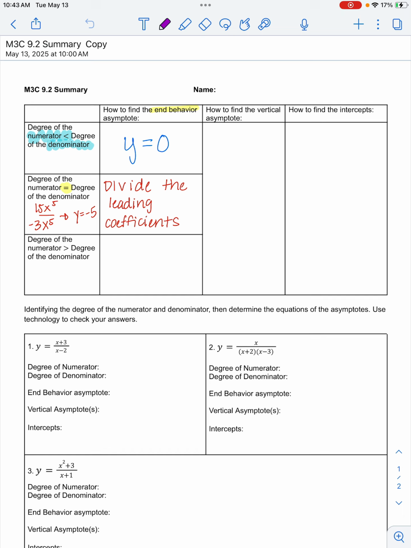So when the degree of the numerator is bigger than the degree of the denominator, we're always going to have what we call a slant. So you need to divide, okay? Use division. And it's going to be y equals whatever the quotient is. Okay?